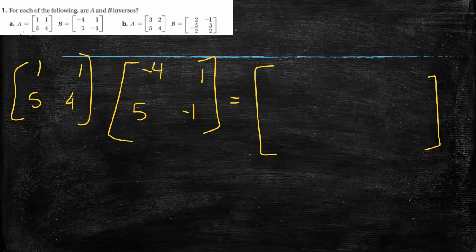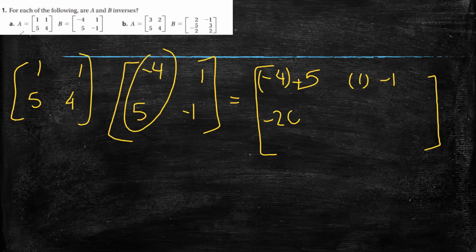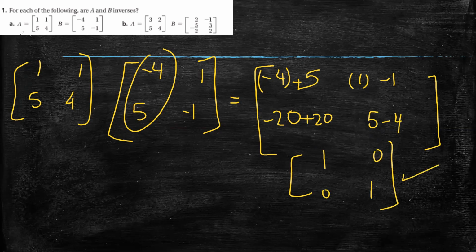Multiplying them now. 1 times -4 is -4, plus 5. Then 1 times 1 is 1, and 1 minus 1. Then 5 times -4 is -20 and 4 times 5 is positive 20. 5 times 1 is 5 minus 4. Then 1 0 0 1, and this is an identity matrix.